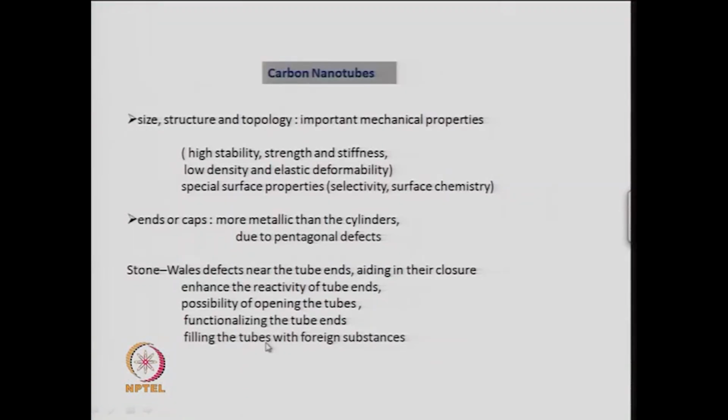Now, you can also fill these tubes with foreign substances, that is with new material, and you can functionalize the tube ends, because the tube ends are more reactive. So, the functionalization of the carbon nanotube is more easy at the end of the tube, where the curvature is there, where the defects are there, where the 5-fold and the 7-fold rings may be there. So, the reactivity is more there, functionalization is much more easy there.